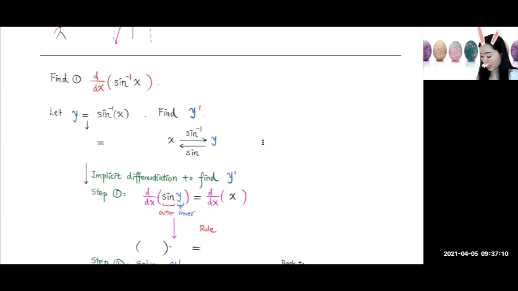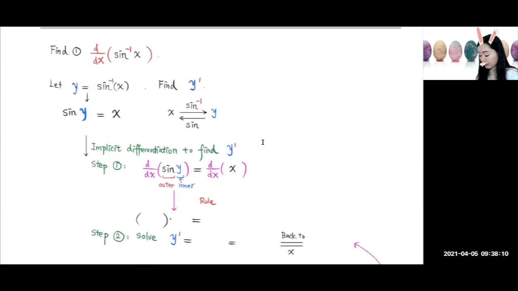So if y is inverse sine of x, that tells us sine of y is equal to x. Because inverse sine and sine are inverse functions, they undo each other. So y is inverse sine of x, then x is sine of y.